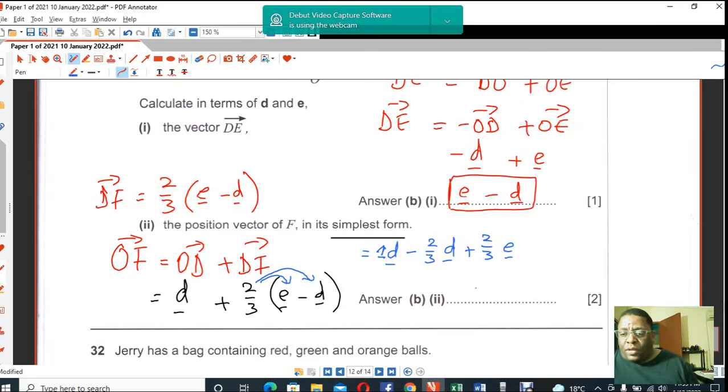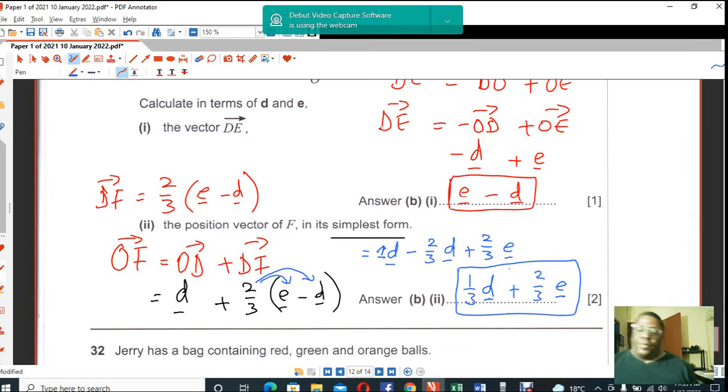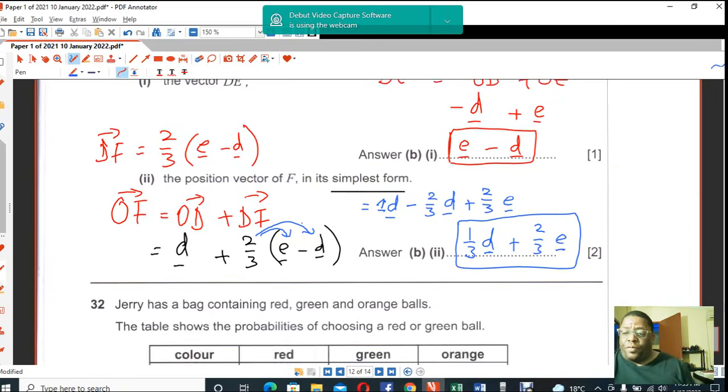So when you do that, you get 1/3 of D plus 2/3 of E. Just carefully take that approach. There are many other ways you could have arrived at this answer, but this was just one of those methods.